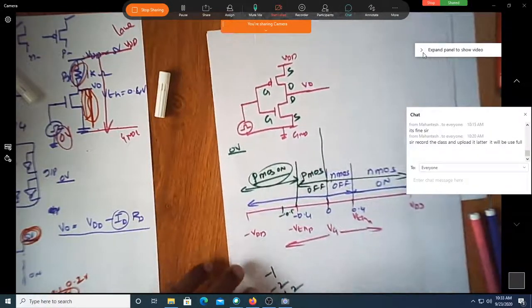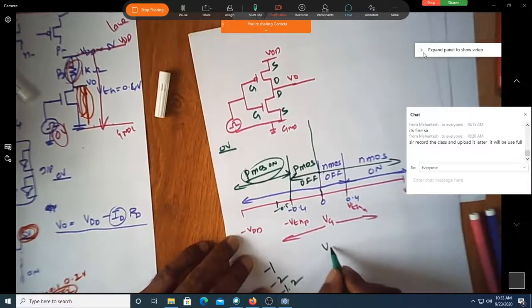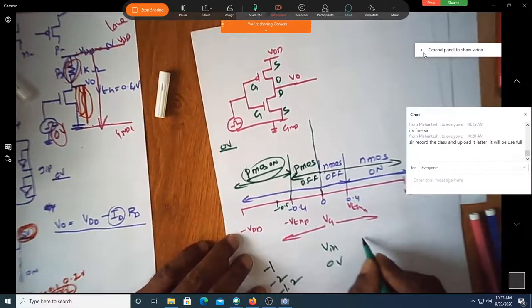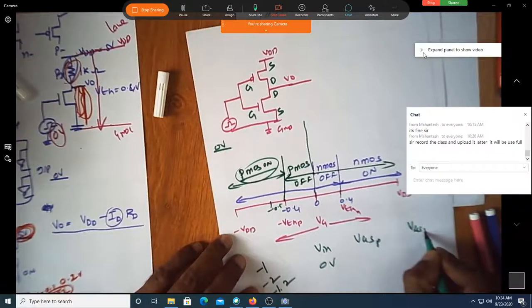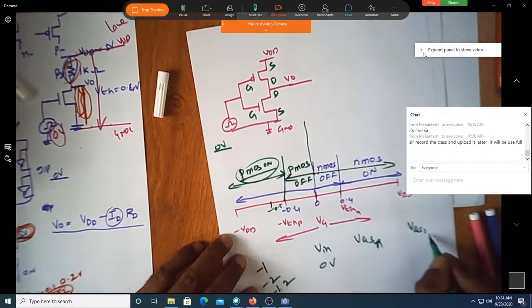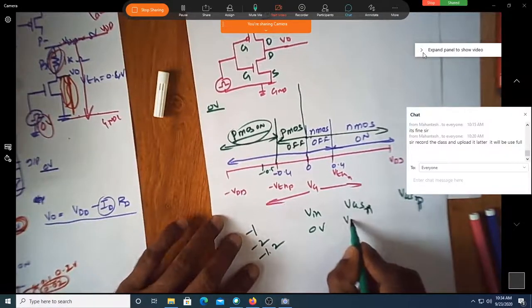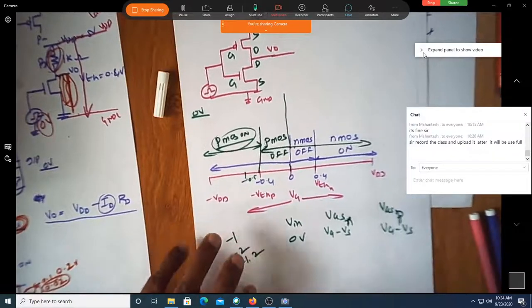If Vin is 0 volt, what is VGS of N and of P? How do you write VGS? VGS is equal to VG minus VS. Am I correct?